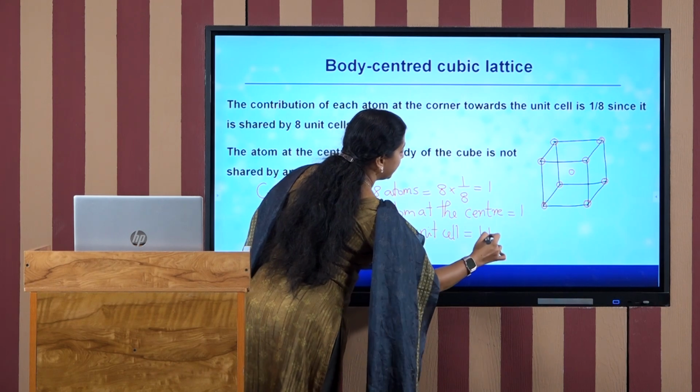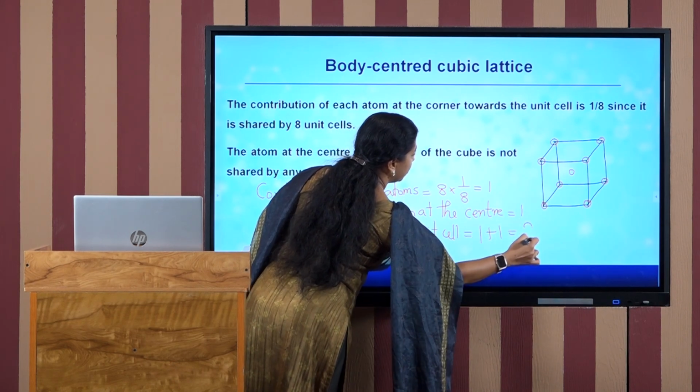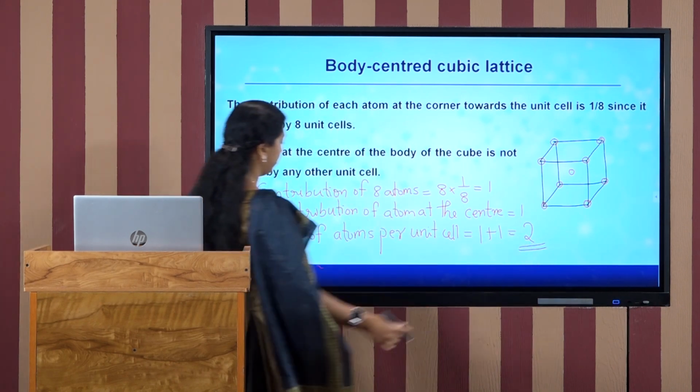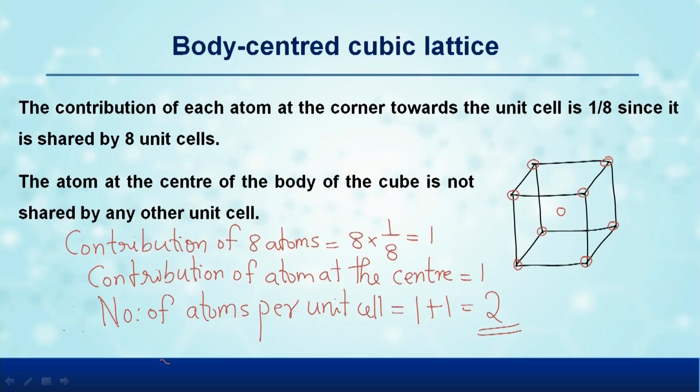So, that is 1 plus 1 equal to 2. So, the number of atoms per unit cell of a BCC lattice, BCC means body centered lattice, is equal to 2.